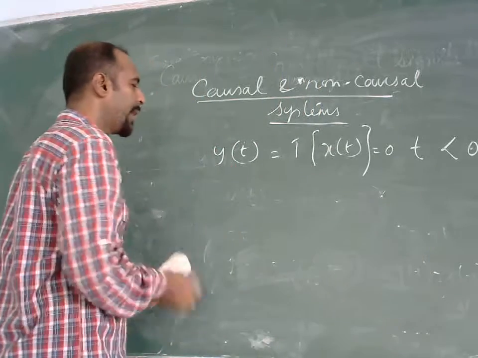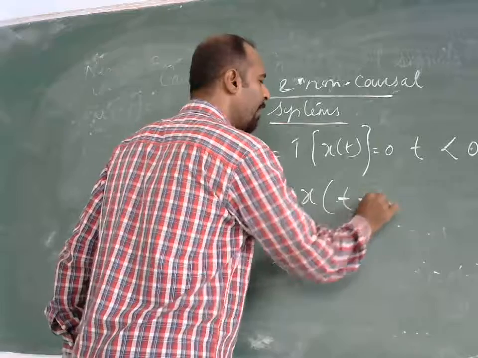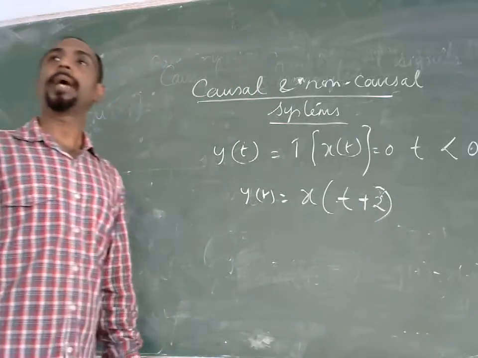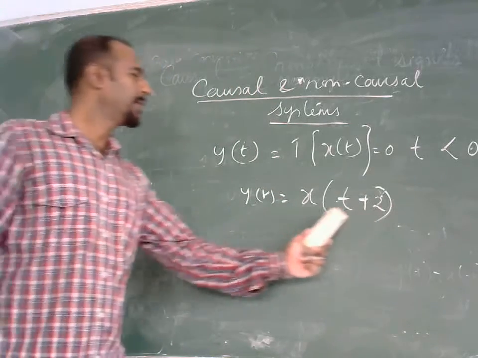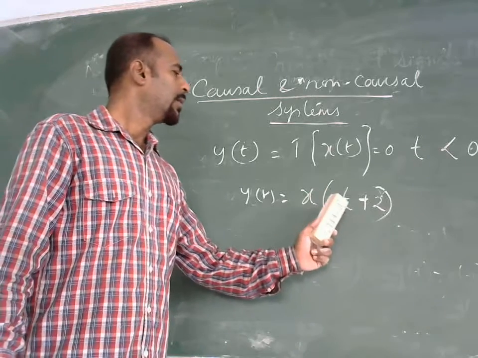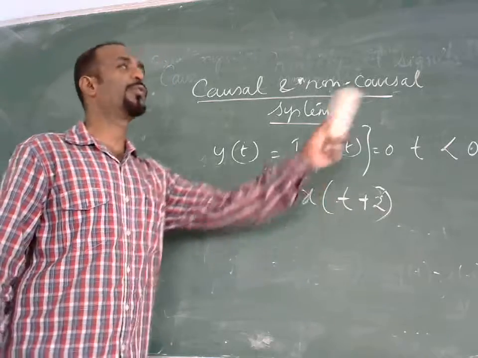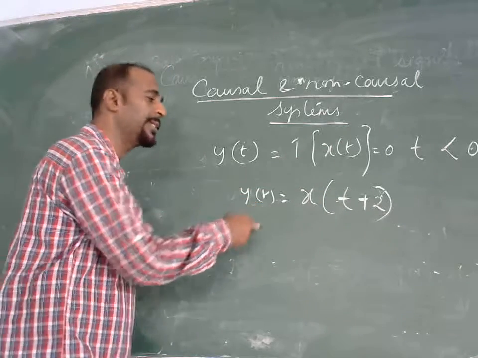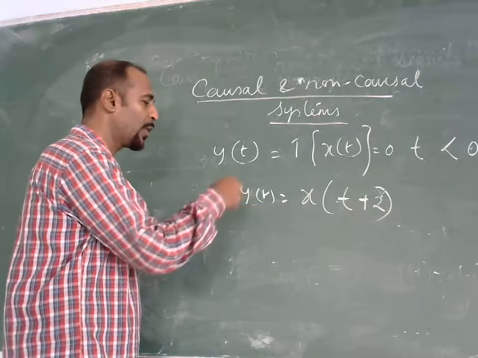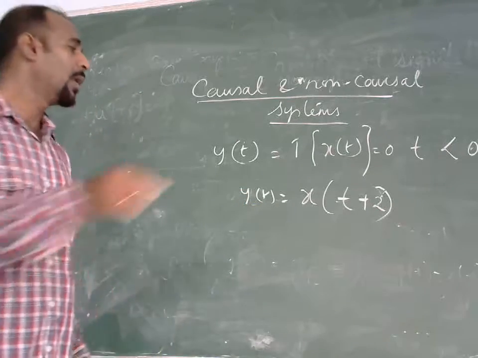But for the same, if you take y of t is equal to x of t plus 2, then the system is a non-causal system. Why? Because it depends upon the future value. Simply, if I take t equal to 0, y of 0, I am trying to compute the output at the instant 0.